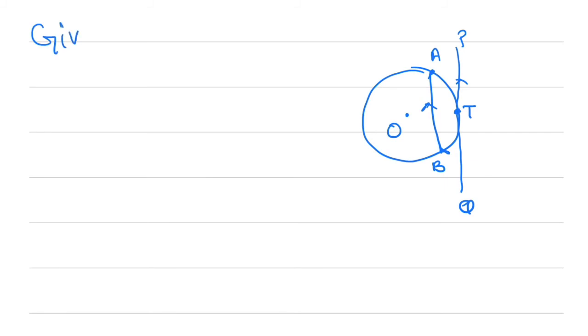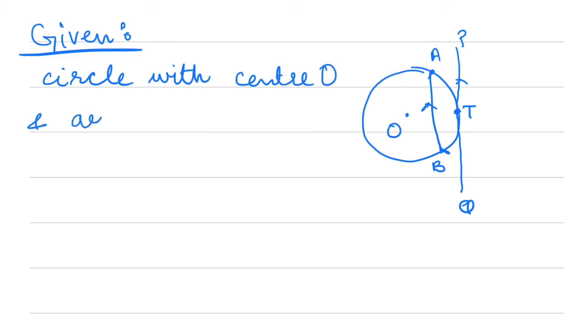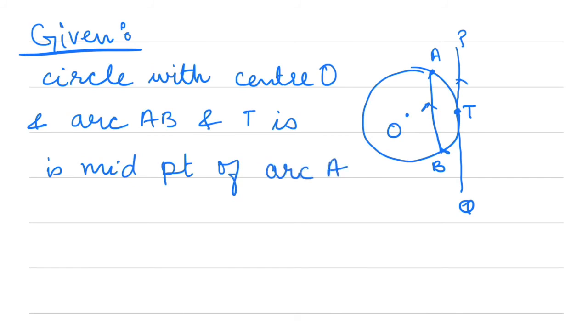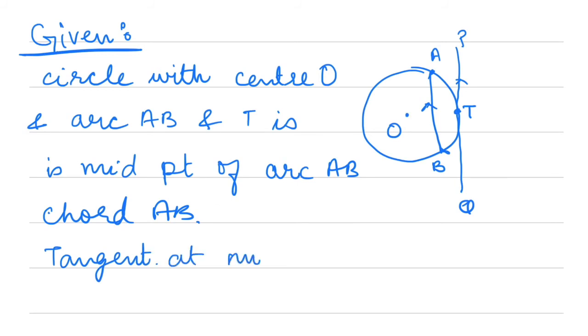Okay, so what is given to us is a circle with center O and arc AB, and T is the midpoint of arc AB. Then we have to join this, so there is a chord AB, and tangent at midpoint of arc PTQ.